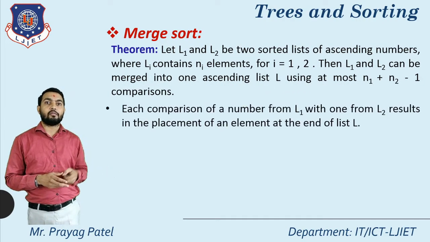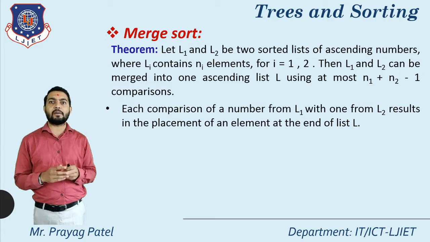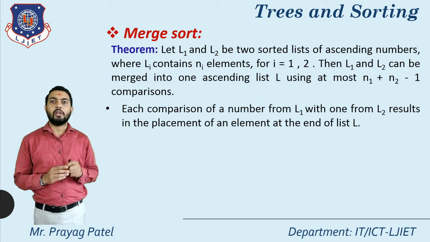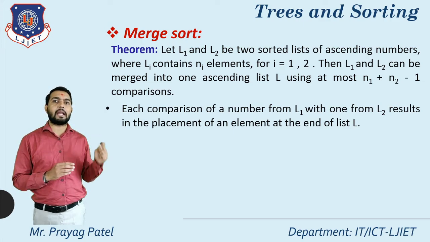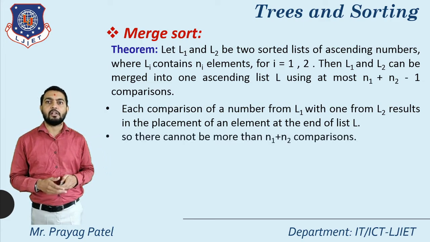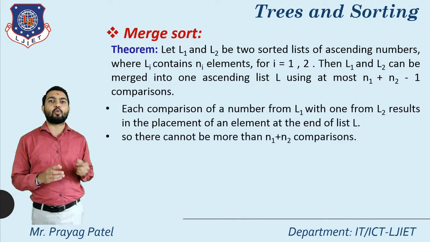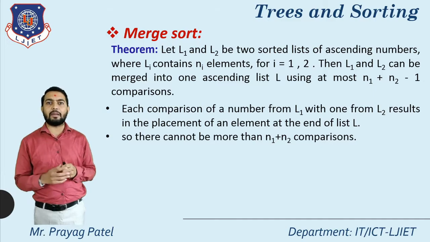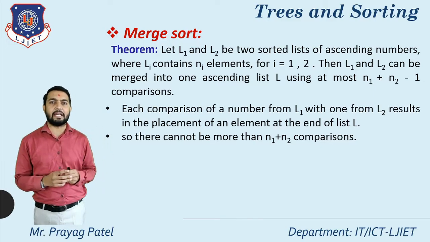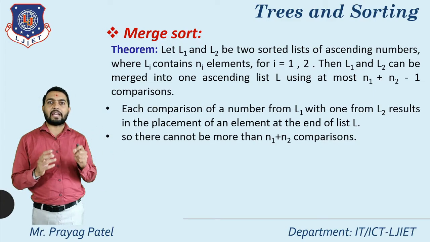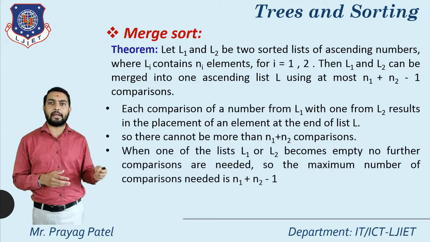Now for this example, each comparison of a number from L1 with one from L2 results in placing an element at the end of the list. So there cannot be more than n1 plus n2 comparisons, because we have n1 elements in the first list and n2 elements in the second list. So the maximum is n1 plus n2, not more than that.